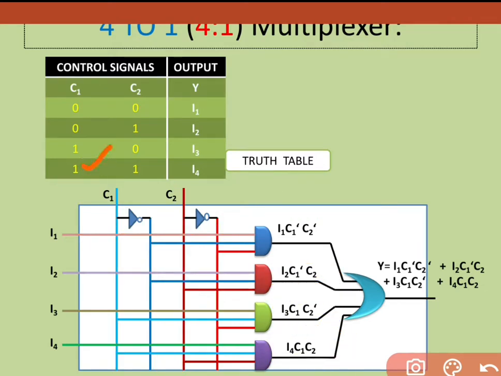When 0 is there, we have to take dash. When 1 is there, we have to take normal.